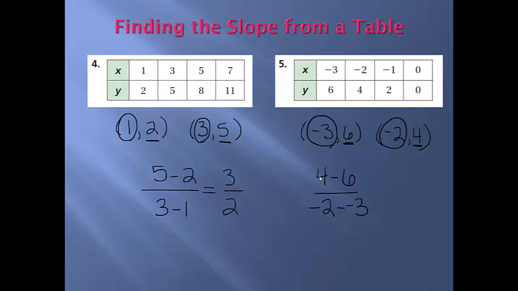So now let's solve. 4 minus 6 would be 4 plus a -6, which equals -2. And then -2 minus -3 would be -2 plus +3. And -2 plus 3 is 1. So our slope is -2 over 1, which equals -2.